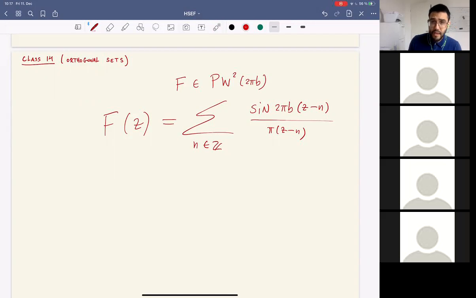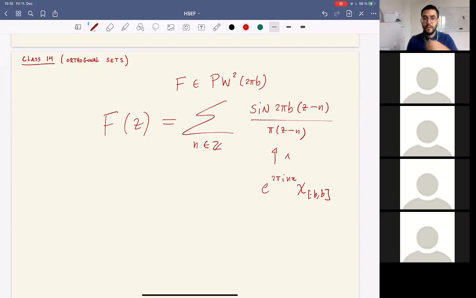And then the way we did it was to write this as the Fourier transform of the exponential. So this guy here is mapped by the Fourier transform to this function here, which should be e to the 2 pi i n x, and then the indicator of the interval minus b to b.